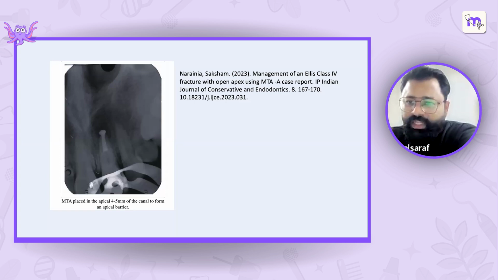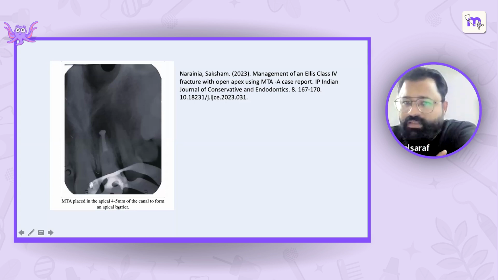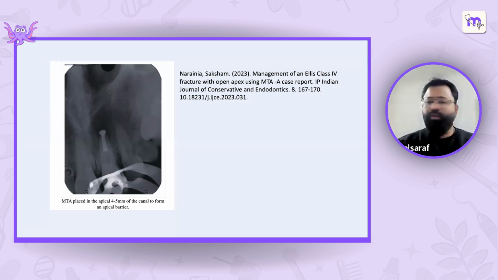So what is the thickness of that MTA barrier? It is somewhere around 3 to 5 mm. Here in this particular article, which is in the Journal of Conservative Dentistry and Endodontics, you can see MTA placed in the apical region, 4 to 5 mm of the canal, to form an apical barrier. Such a barrier is placed to avoid extrusion of the obturating material outside the canal.